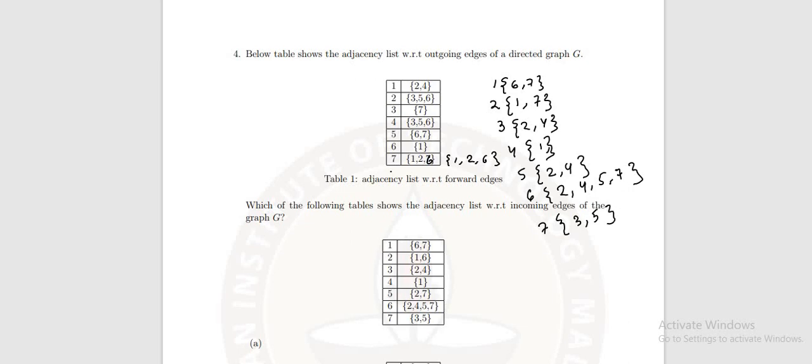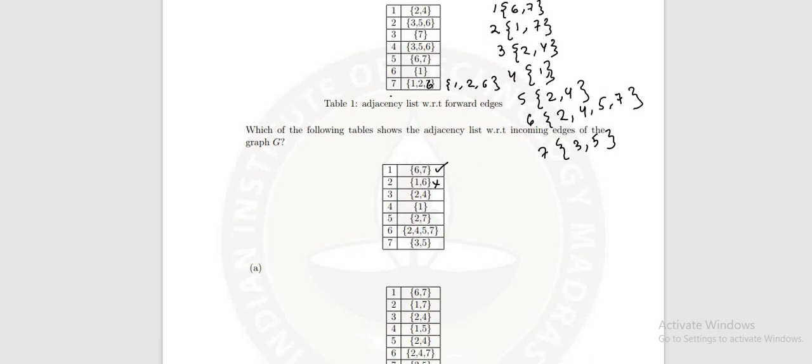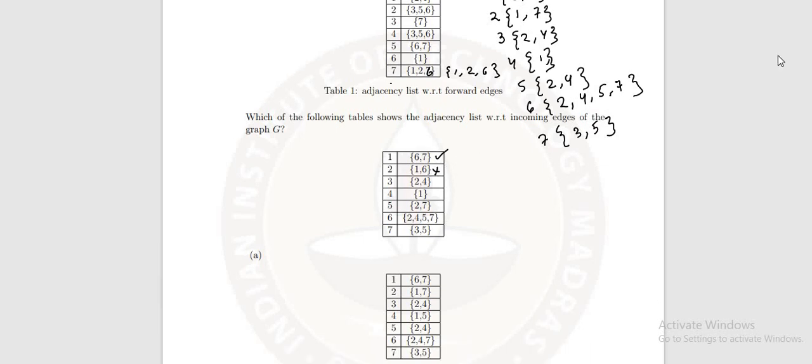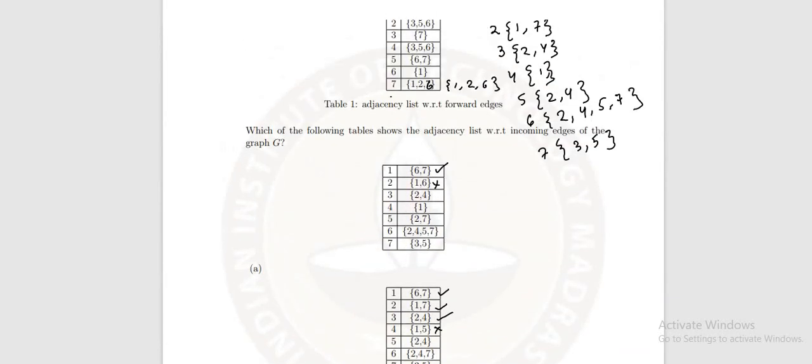Let's see these options. Here 1: 6, 7 is okay, 2: 1, 7 is wrong, so this option cannot be it. Moving on to the next option. 6, 7 correct, 1, 7 correct, 2, 4 correct, 1, 5 is wrong, so this option cannot be the correct one. Moving on to the next: 6, 7 of course correct. Next one is 1, 7 correct.